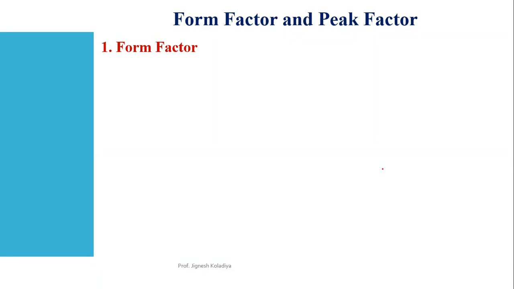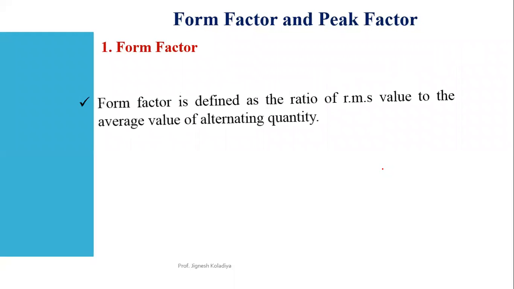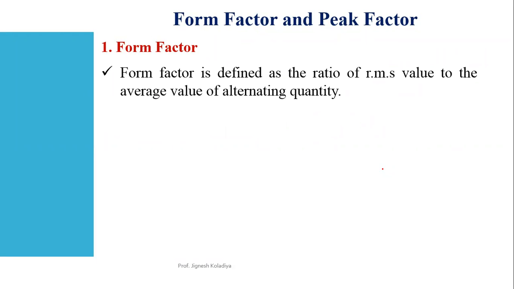Therefore, it is necessary to have some means of connecting this average or mean value with its effective or RMS value. So this is the factor by which we can relate both these things together.